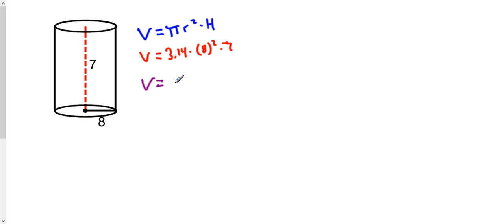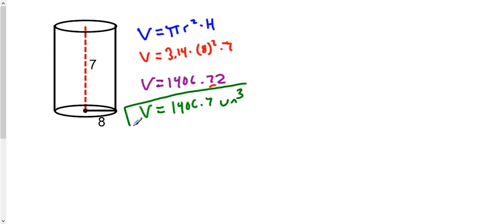That gives us a volume of 1406.72. Once again, we're going to round to one decimal place. So this 2 keeps the 7. So we get 1406.7 units cubed in this case.